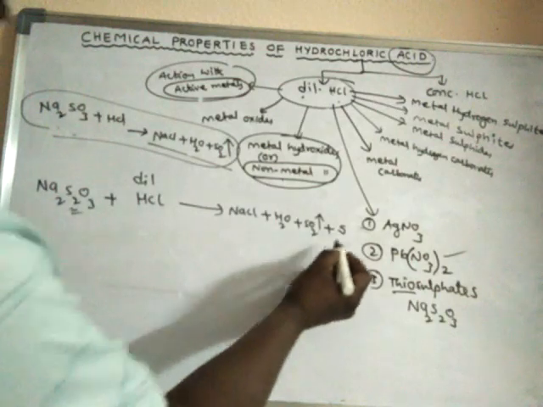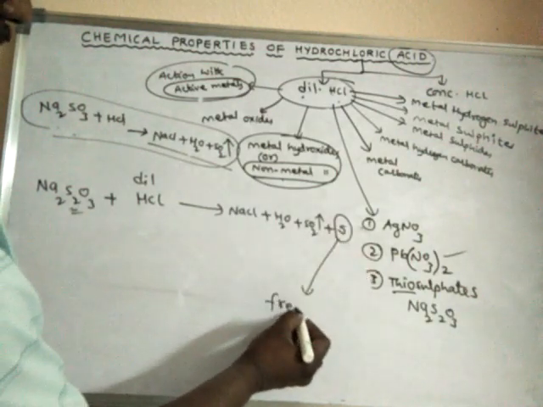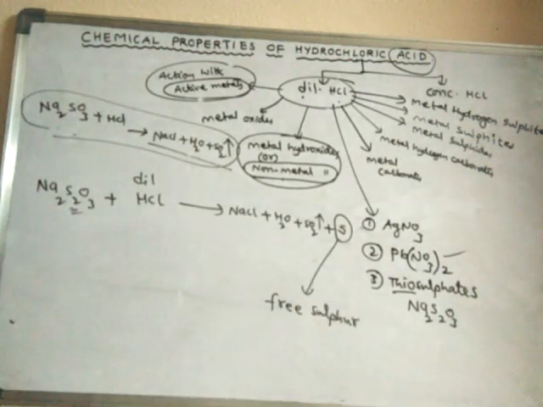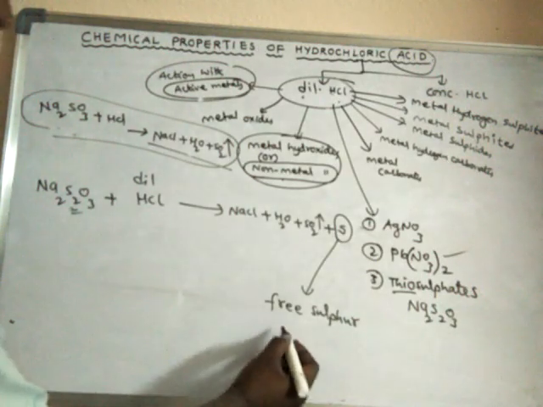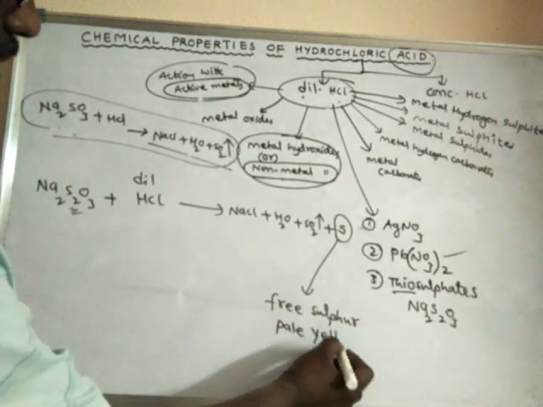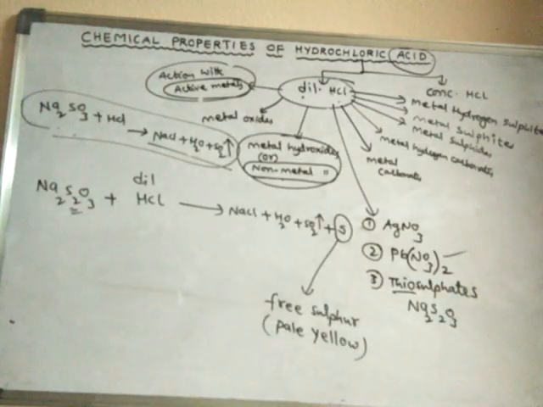That means free sulfur is formed as one of the products, which appears as a pale yellow substance. Pale yellow colored free sulfur is formed in this process.